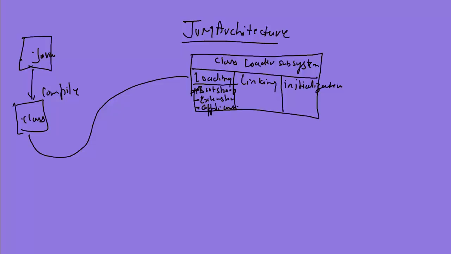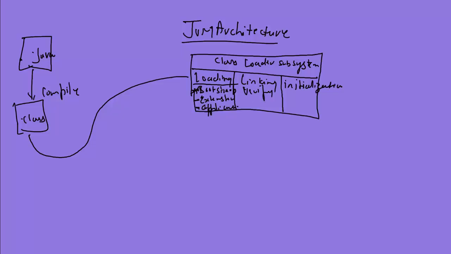Whenever I load the .class file, first the loading will occur, then it moves to the linking part. Again, the linking part is divided into three things. It is divided into verification, it will verify.